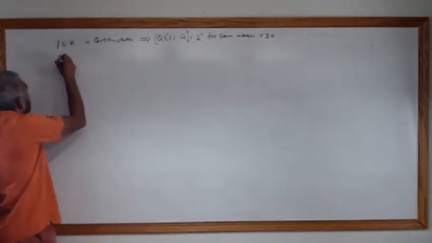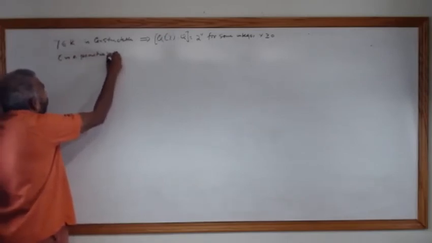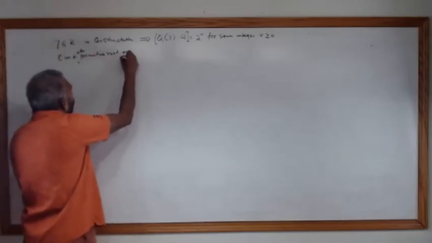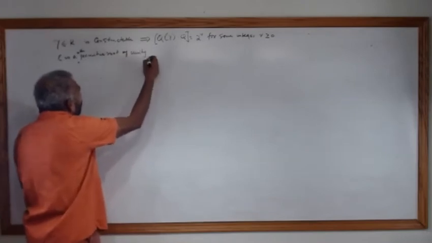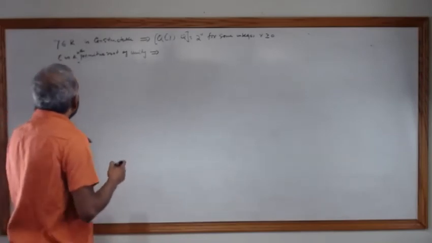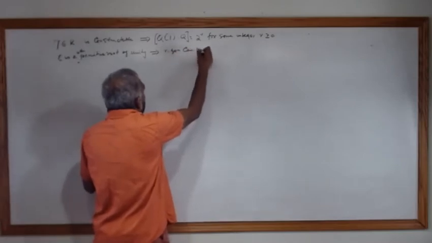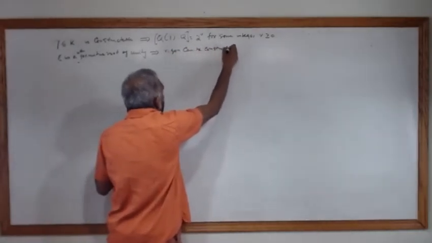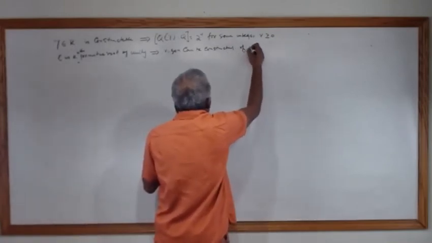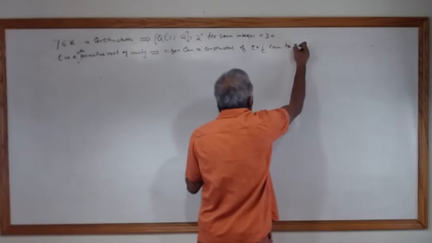And zeta is an nth primitive root of unity implies an n-gon can be constructed if zeta plus 1 by zeta can be constructed.